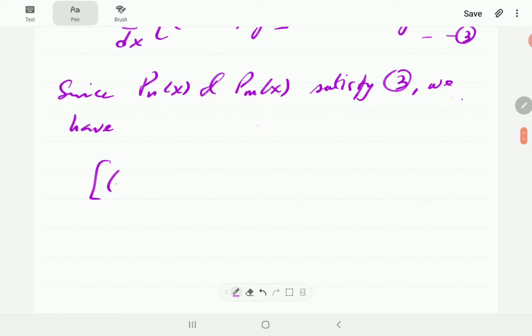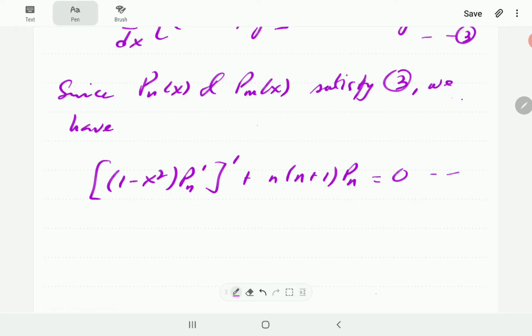So 1 minus x squared Pn prime, so we're just going to replace every y by Pn for this ODE. And then for the second one, we're going to write exactly the same thing, but this time it is the ODE for Pm.